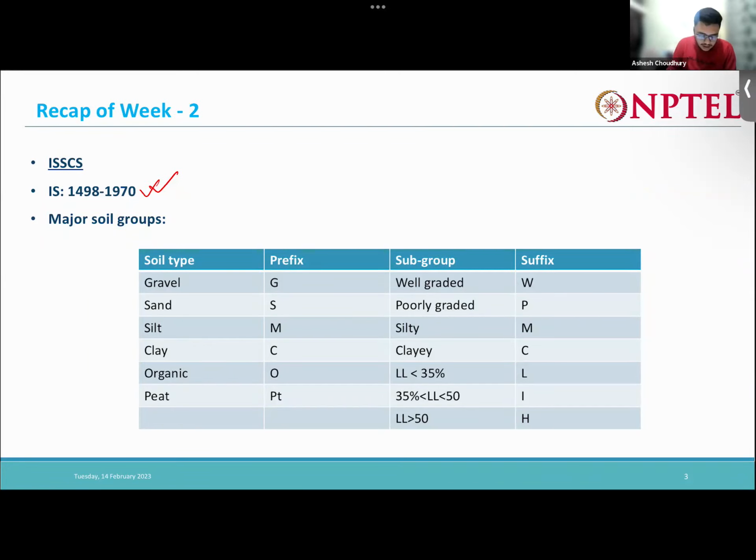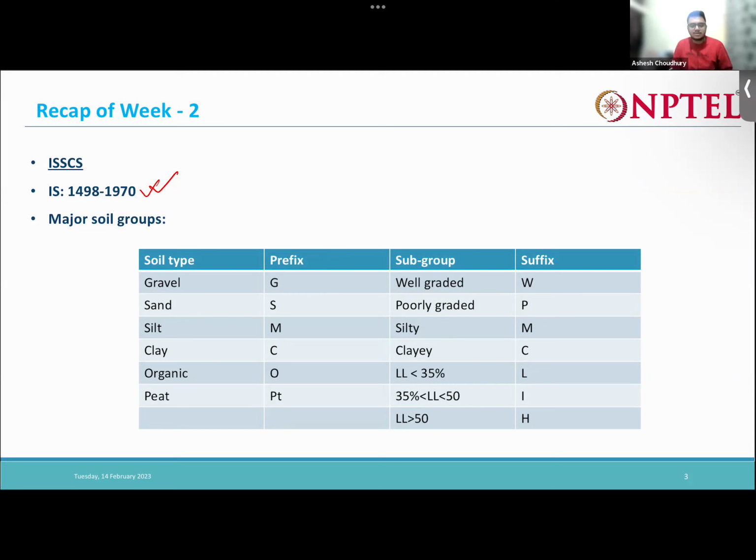Generally, as a geotechnical engineer, whenever we go to a site, we have a particular site allocated to us. The first task is to classify the soil. So the basic task is to classify the soil, and in order to classify the soil, the main thing we have to do is determine its index properties.